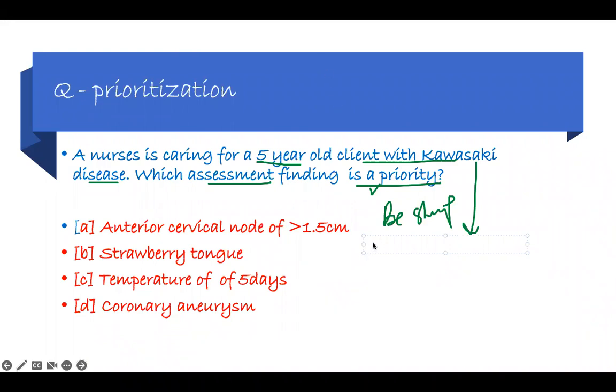is SAT CREAM. And S means strawberry tongue. They have strawberry tongue. A is aneurysm. T is temperature for more than 5 days. C is bilateral conjunctivitis.